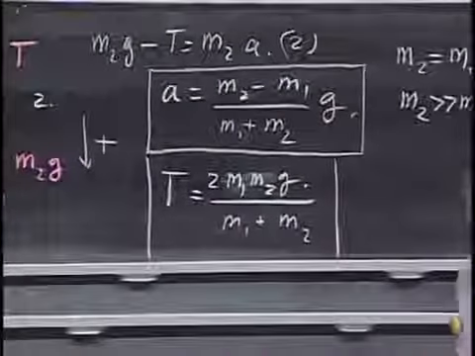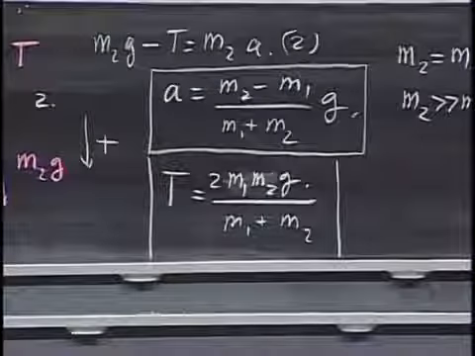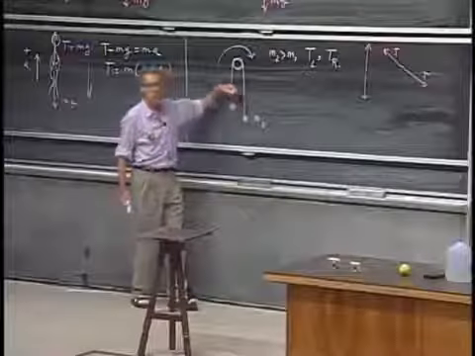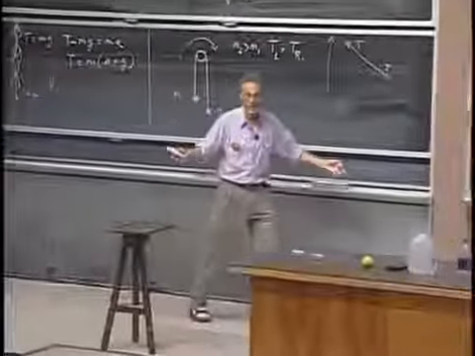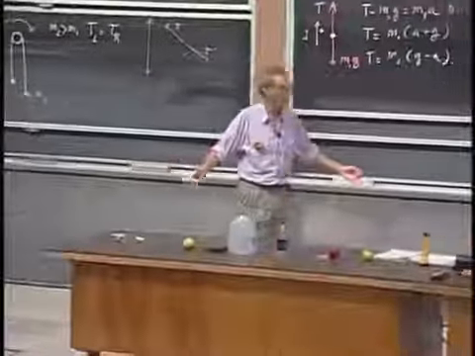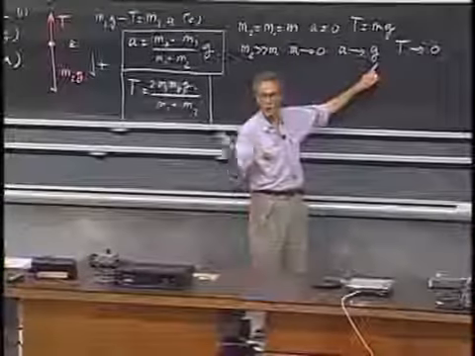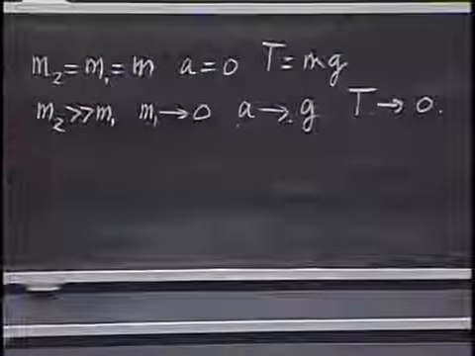If m1 is 0, T goes to 0. That is obvious, because if I make m1 0, m2 goes into free fall. And if m2 goes into free fall, its weight is 0, and so the tension is 0, and that's exactly what you see. And you see that the acceleration of that object is g, which it better be, because it's in free fall.